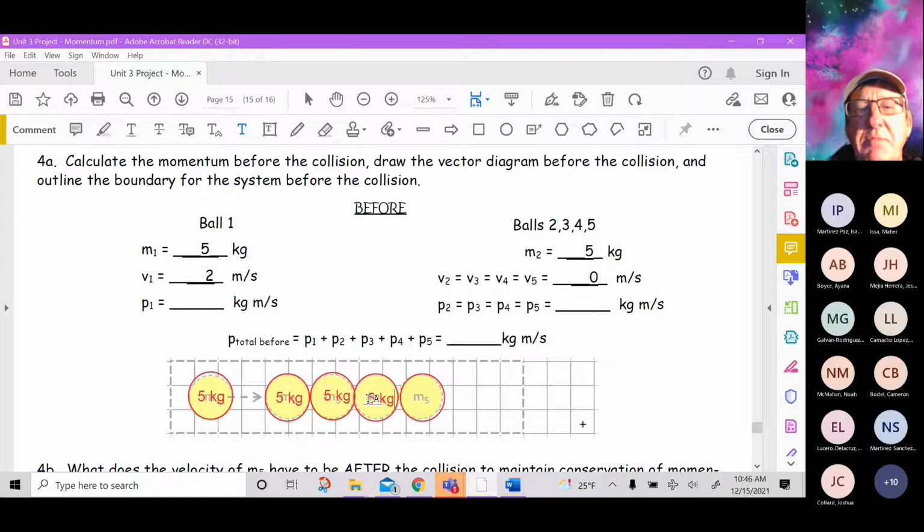All of these had the same mass. One thing I thought was incomplete here. It says M2 equals 5, but this is supposed to be talking about all of those other balls as well. So I'm going to add M3 equals M4 equals M5 equals. Now I've said that all 4 of these balls have a mass of 5 kilograms.